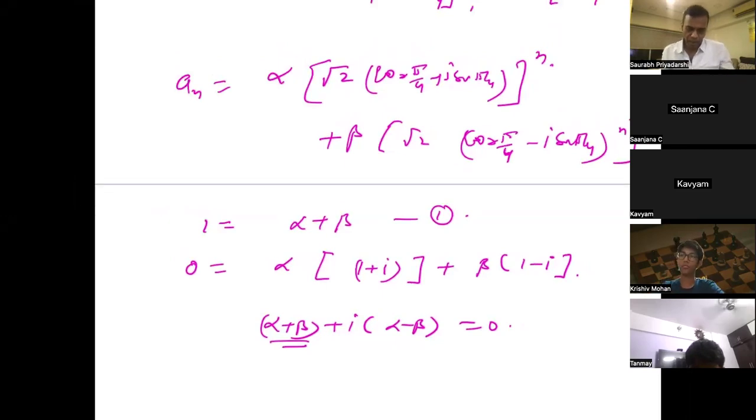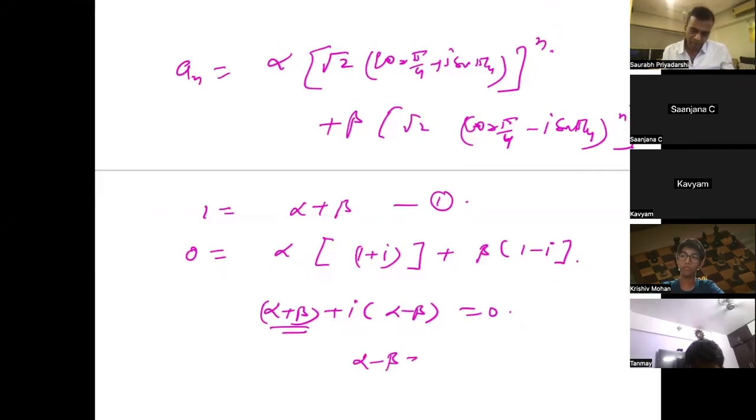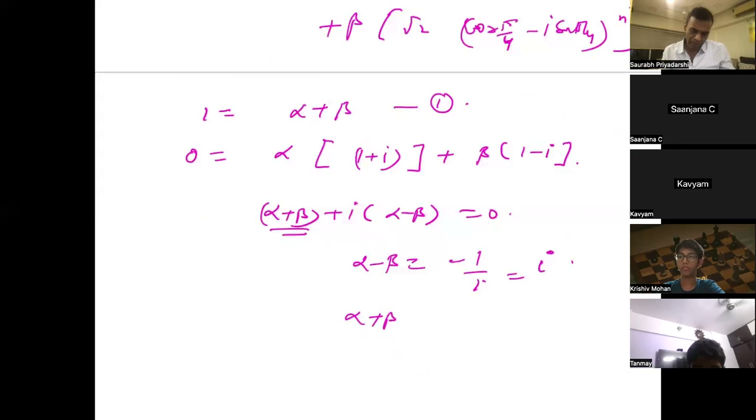Alpha plus beta is 1, so alpha minus beta is minus 1 by i, or i. So alpha plus beta is 1, alpha minus beta is coming as i. So can I get the value of alpha and beta from this?